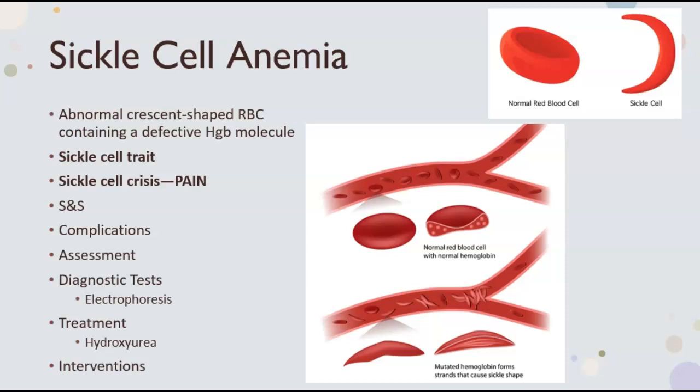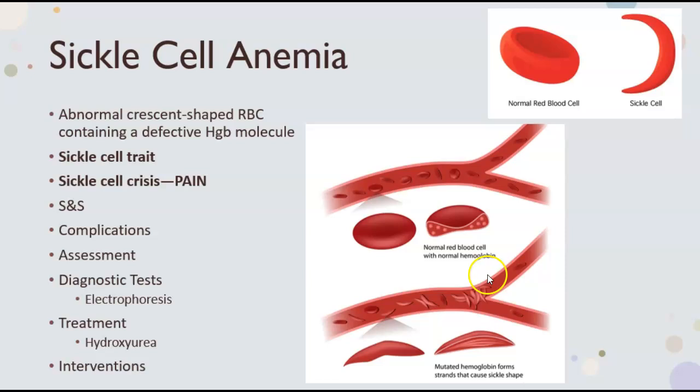Sickle cell crisis, the main thing here is pain. So if we go back to our angina lectures, we know that ischemia, lack of blood flow, causes pain. So what happens in sickle cell crisis is these sickle cells that are shaped like this, they aggregate or they clump together more easily, and that causes a blood clot.